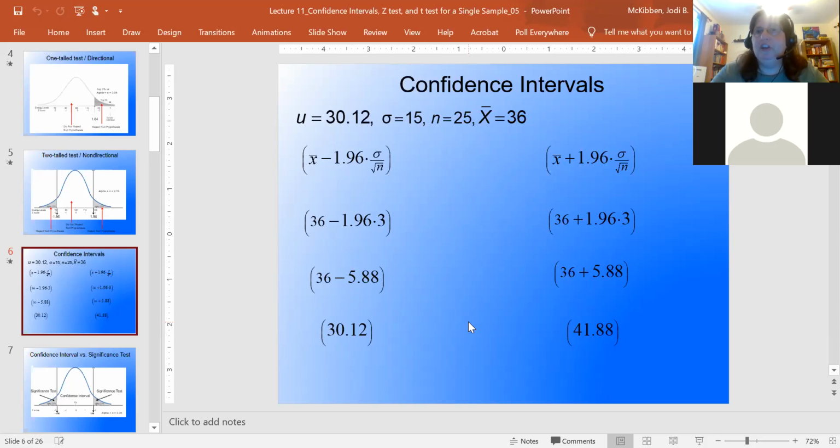Actually in the original data, it's all integers, no decimal places, no numbers after the decimal point. How many will be in your final answer? 1. 0 plus 1 is 1. So it's just a matter of how many decimals are in your original data. Okay, and if I want you to use the rounding rule, I will tell you.